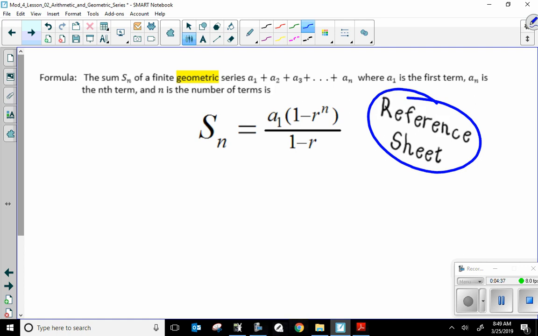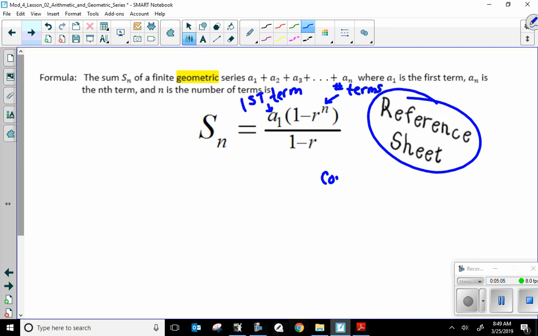So, what do these things mean? A1 is obviously your first term. N is your number of terms. And r, what is r? It's not like a rate like 3%.